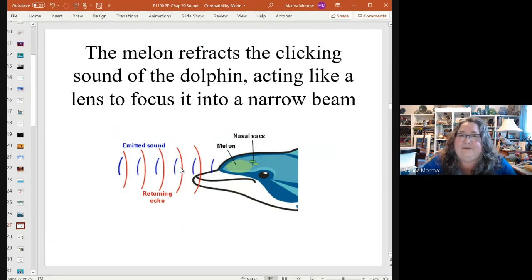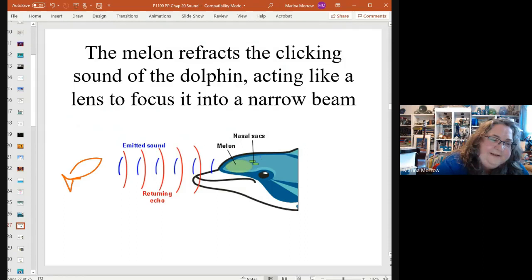Okay, and also refraction has to do with the way that a dolphin can focus the pulses of sound that it sends out to find fish. So what happens is that the melon, that round shape on the dolphin's head, that's called the melon. It's a lump of fat in there, some oils and stuff.